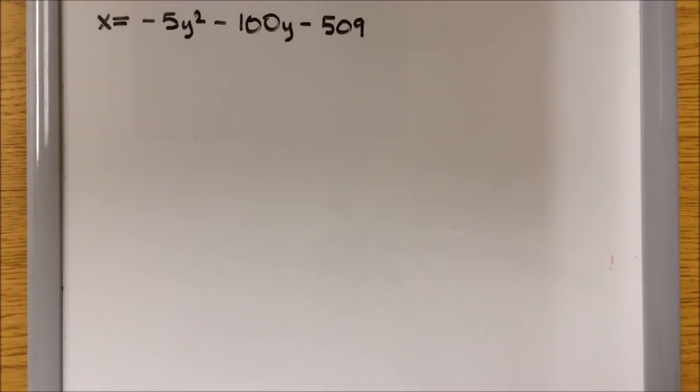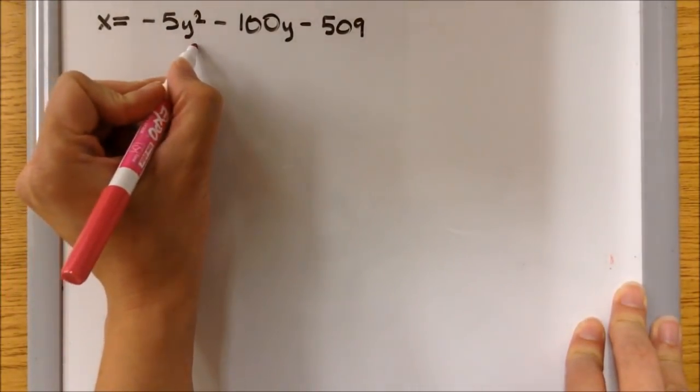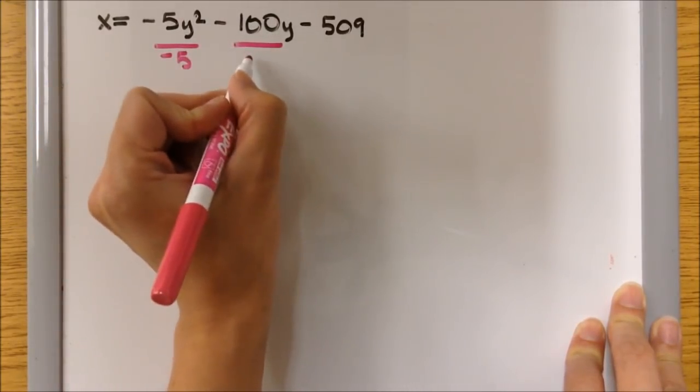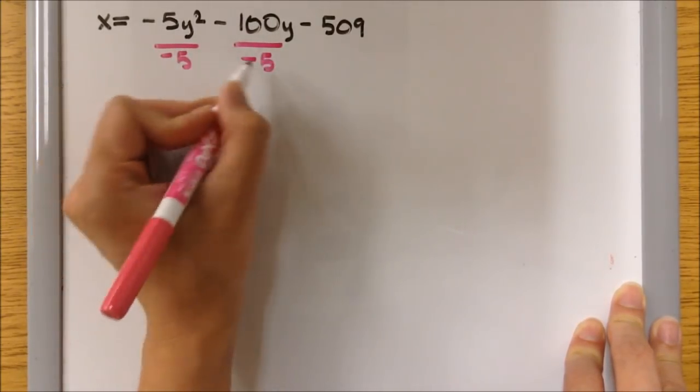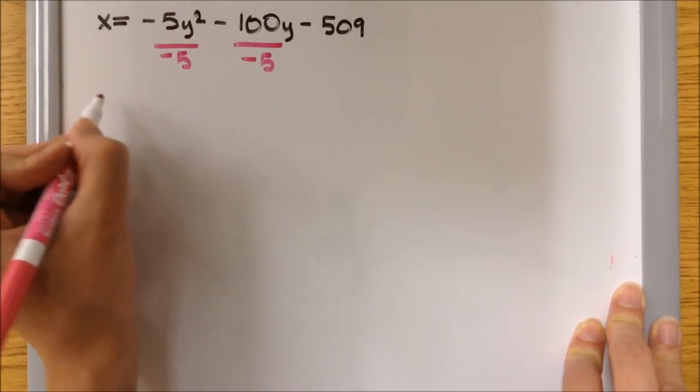So it's going to be a different form but similar. So as I stated, I'm going to factor out negative 5 from the y squared and the y. Again, I'm going to factor out the negative 5 because the first term is negative.